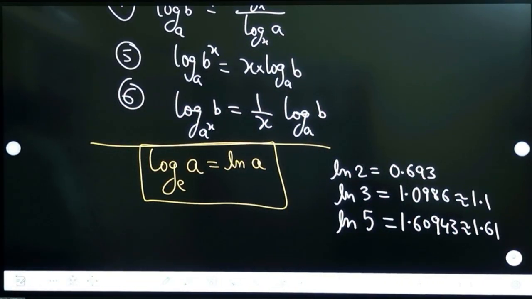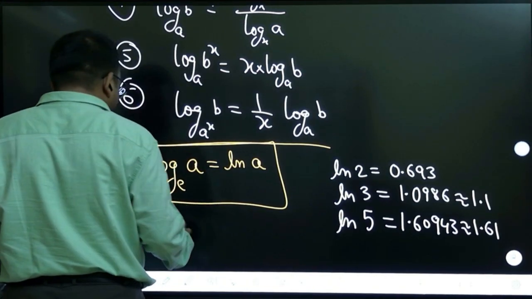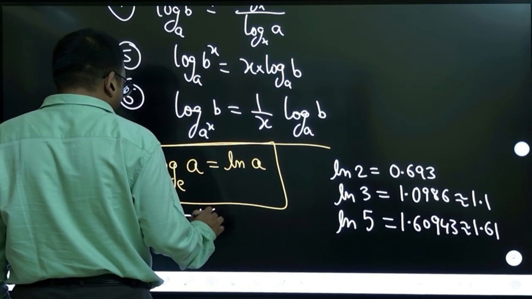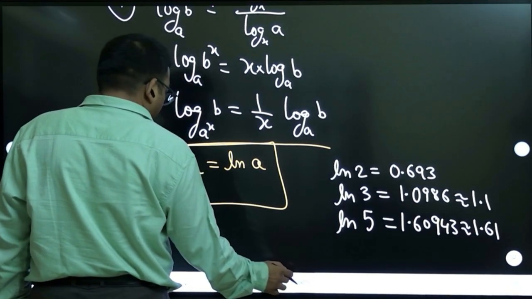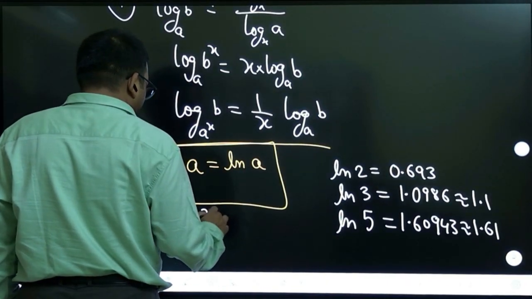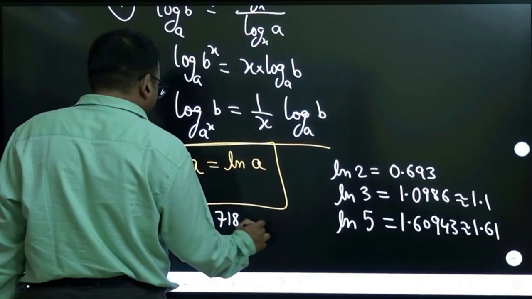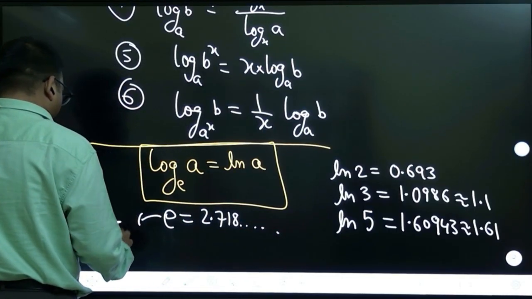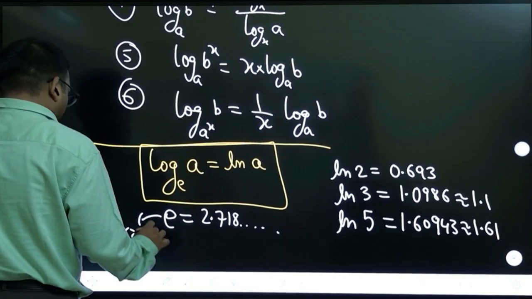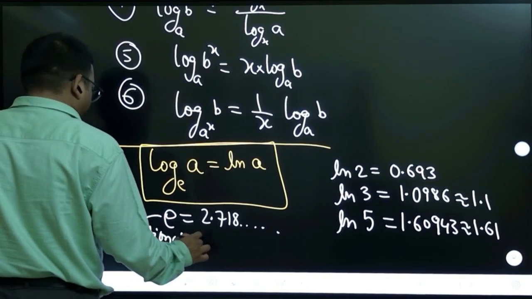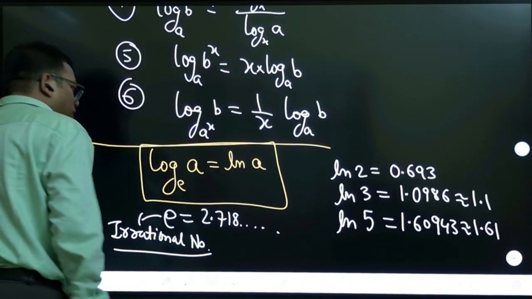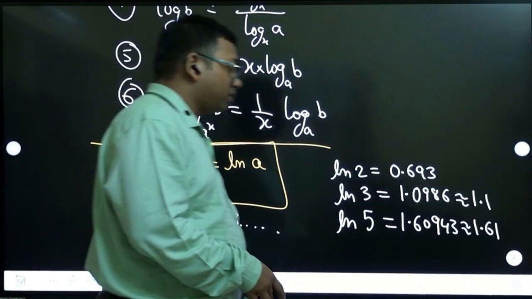Otherwise, in the questions, they will give you the values. And what about the value of e? Sorry, the value of this is 2.718 something continuing. So it is an irrational number. Okay, we should note that.